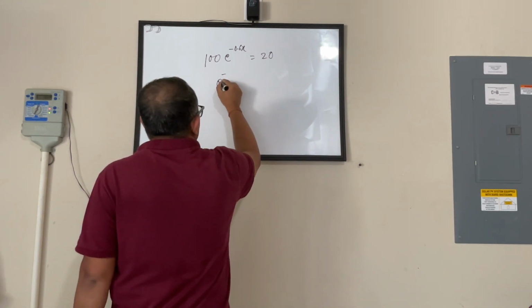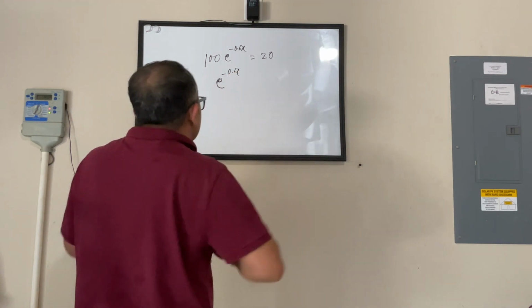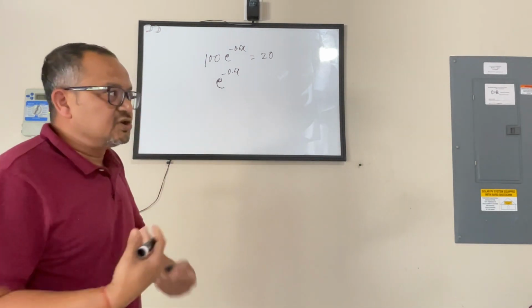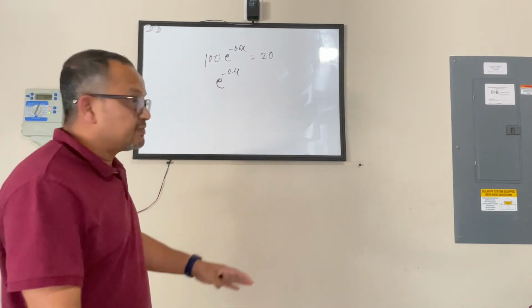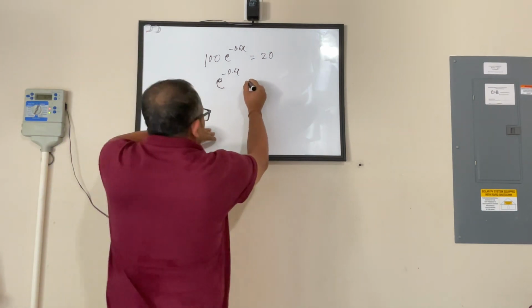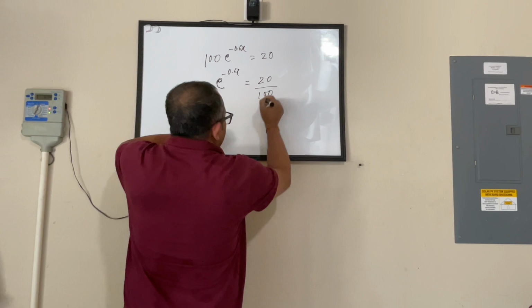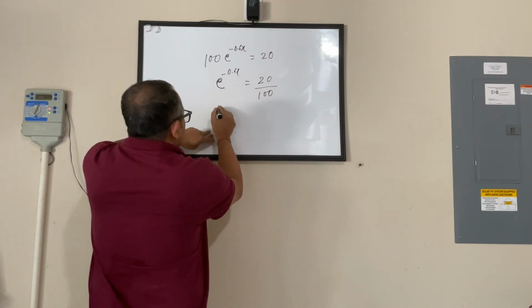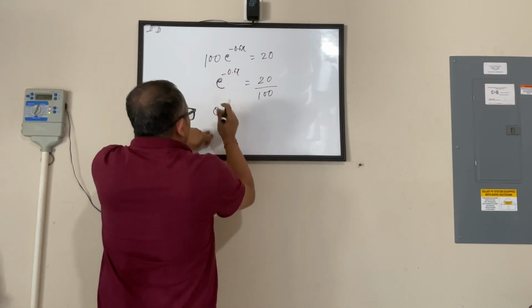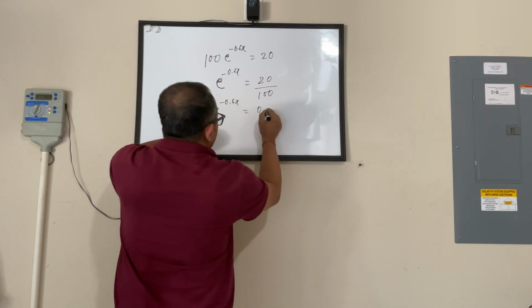Let's keep aside log and everything. Log is an opportunity for us to simplify things. If it doesn't simplify, we'll not use it. So we'll keep it simple for now. Let's see. e to the power minus 0.6x equals 20 by 100. That means e to the power minus 0.6x equals 0.2.